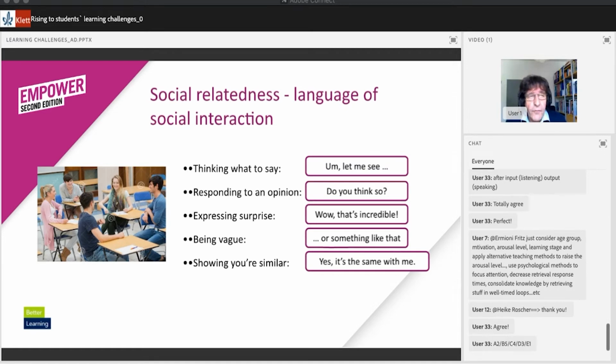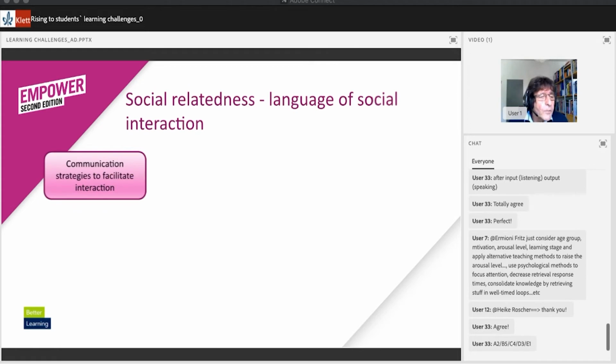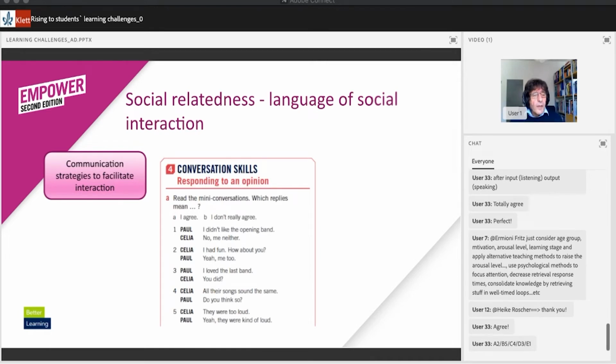So the third lesson in every unit, in fact, focuses on functional language. And here is an example of a focus on communication strategies, of the language of responding to an opinion from the A2 level, so at a quite simple level.